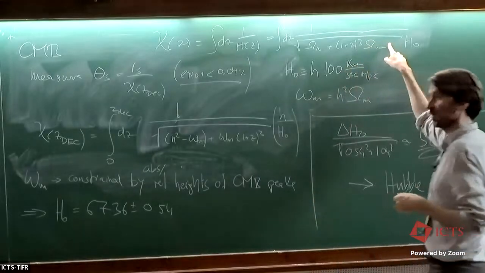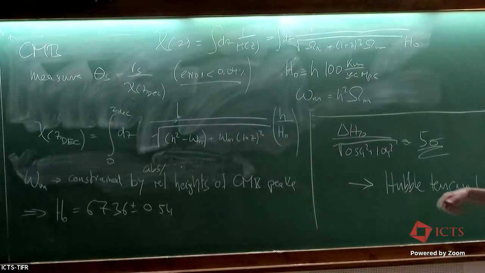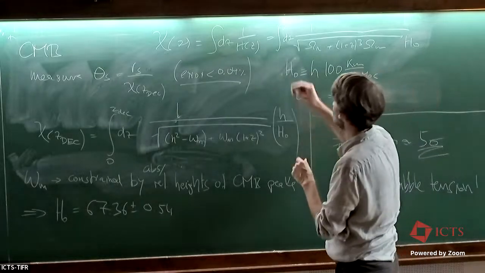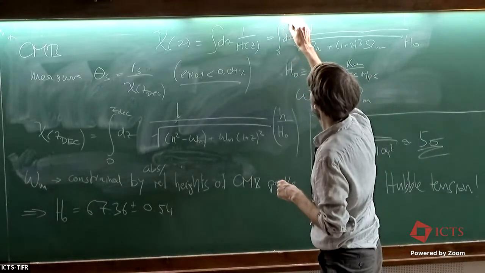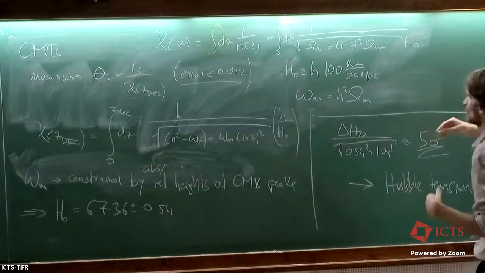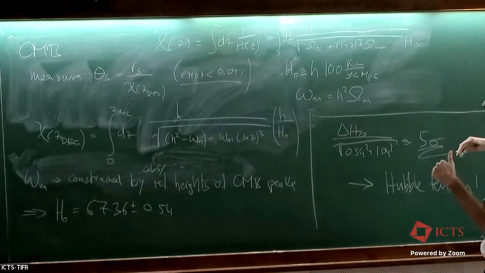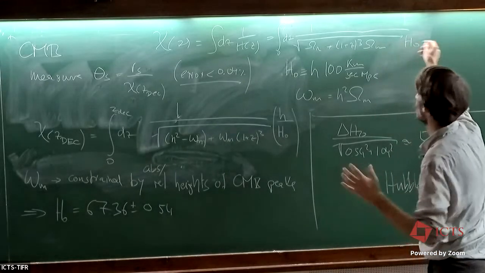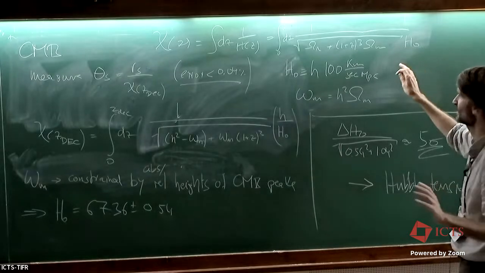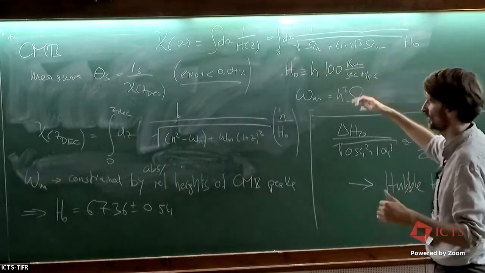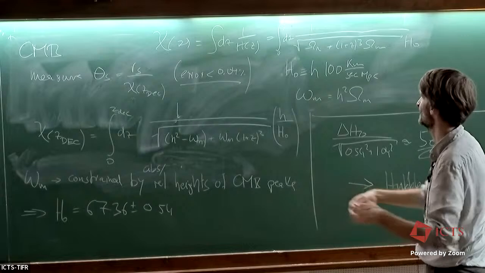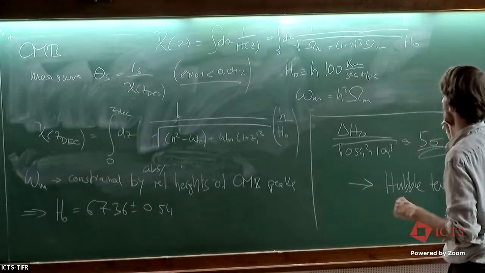I can drop omega radiation, because by the time of decoupling, omega radiation is already fairly highly subdominant, but I can also include it. It doesn't matter. The integral picks up its main value at relatively late times, so we can ignore radiation.